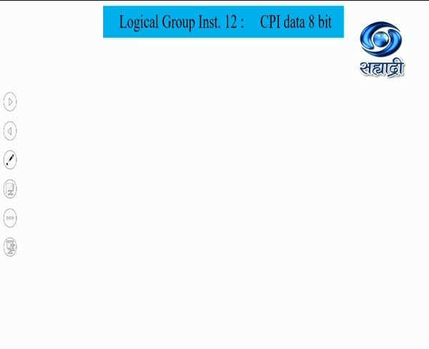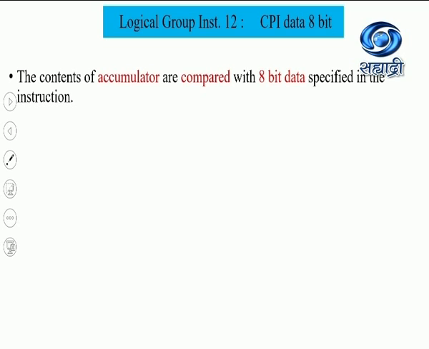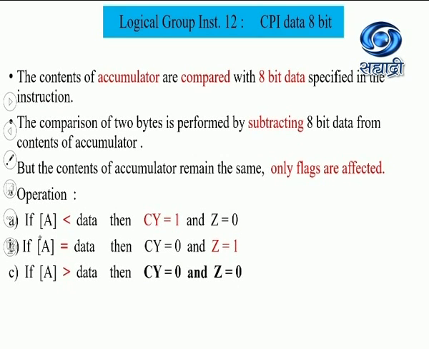Students, another variation of compare instruction. Compare data in accumulator with 8-bit data given in the instruction. Contents of accumulator are compared with 8-bit data specified in the instruction. If accumulator is less than data, then carry is 1, Z is 0.